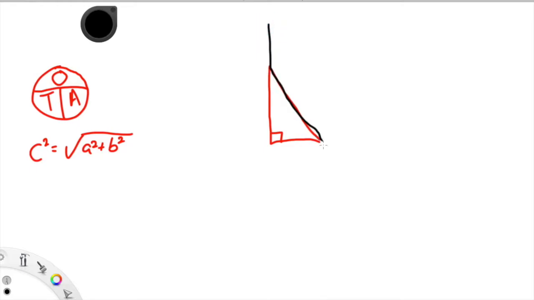This is a parallel offset. This is our run or advance. This is our offset.